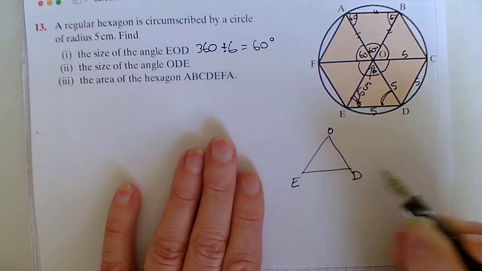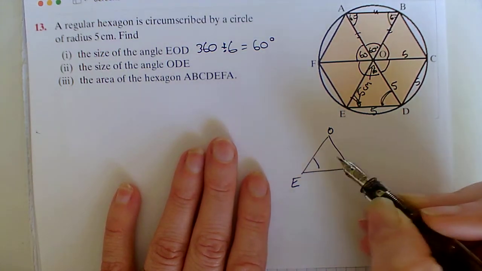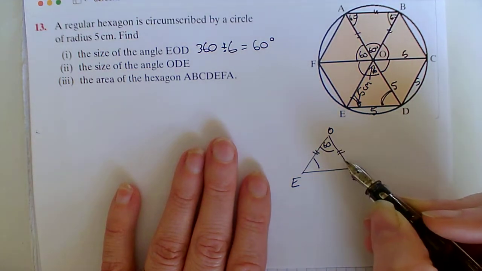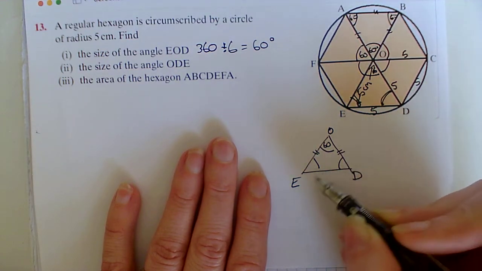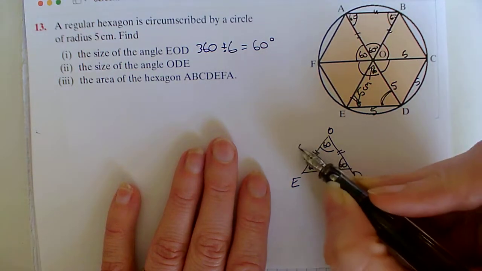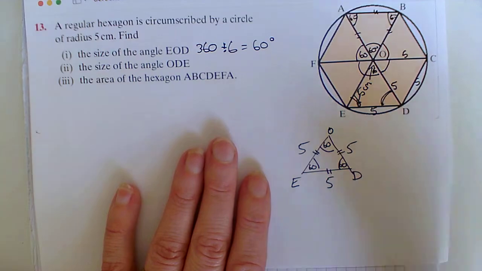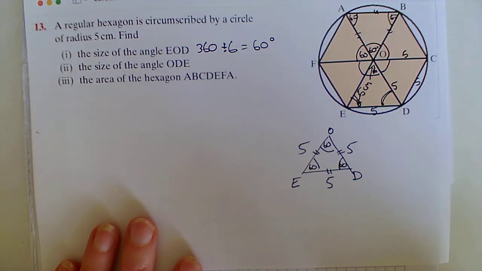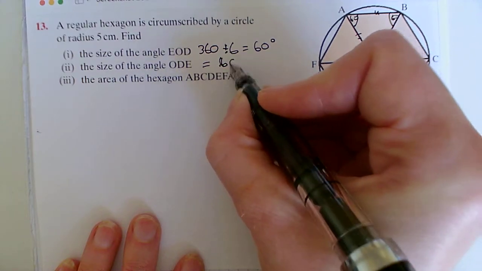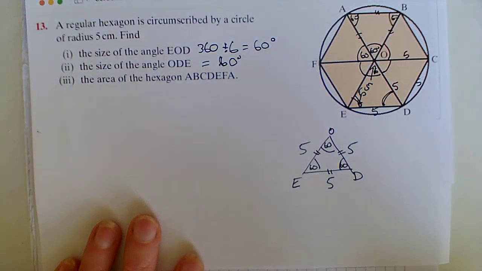OED. So if this is 60, but this is an isosceles triangle, this must be 120 divided by 2. This must be 60 and this must be 60. So therefore it's an equilateral triangle where all sides are 5 centimeters. So this is also 60. They didn't ask us for an explanation, but that's where the explanation comes from.